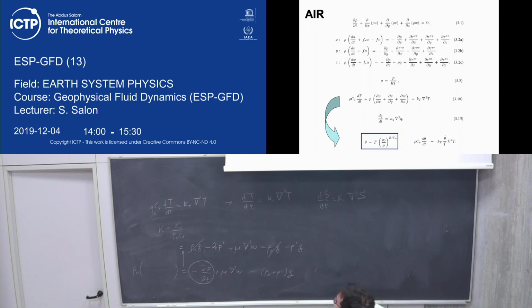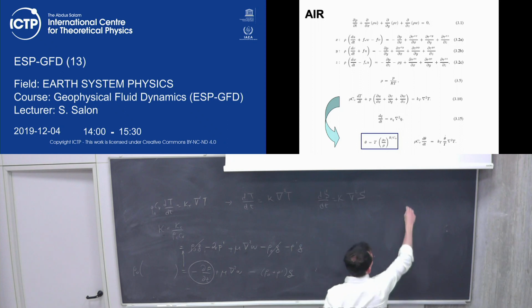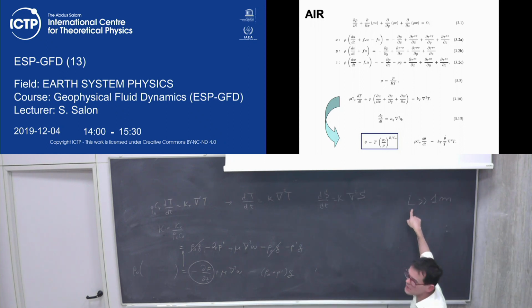The nice thing is that for GFD, since we are dealing with larger scales, the horizontal scale will be much larger than 1 meter.